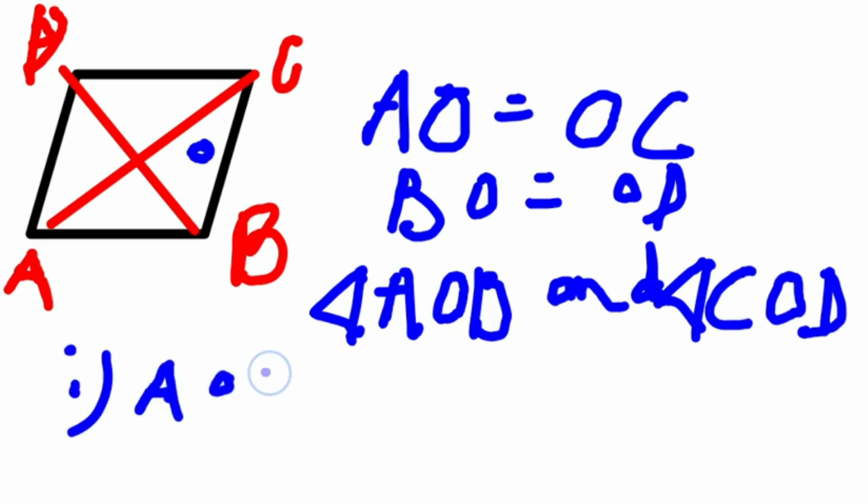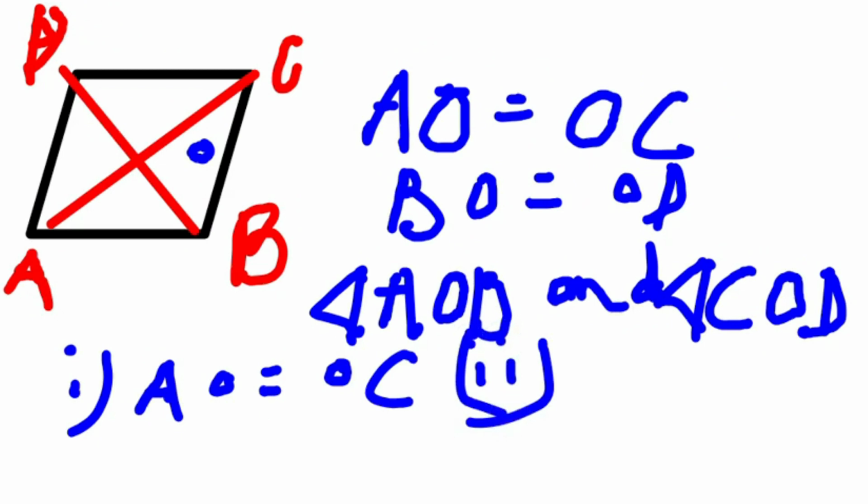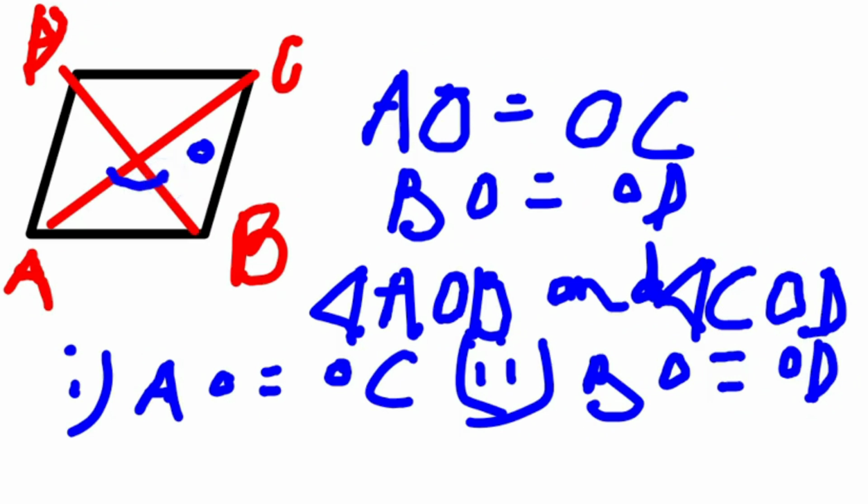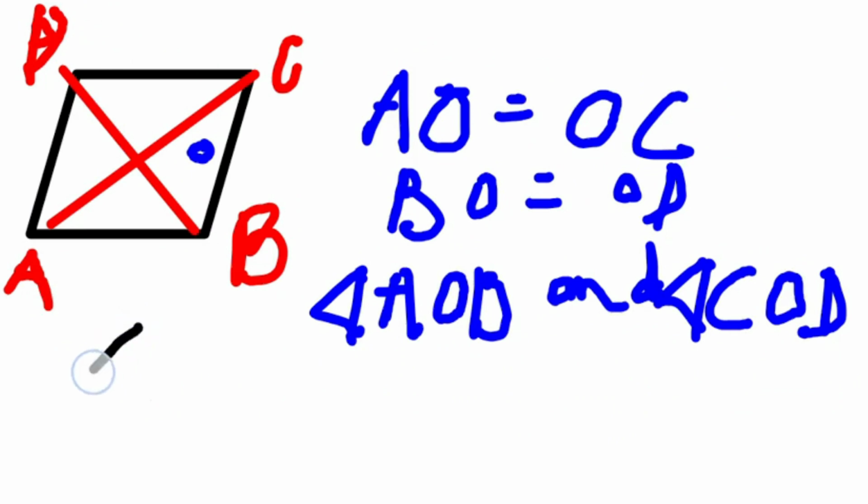Number 1, AO equal to OC. Number 2, BO equal to OD. And angle AOB equal to angle COD, they are vertically opposite angles. So the triangles AOB and COD are congruent to each other.